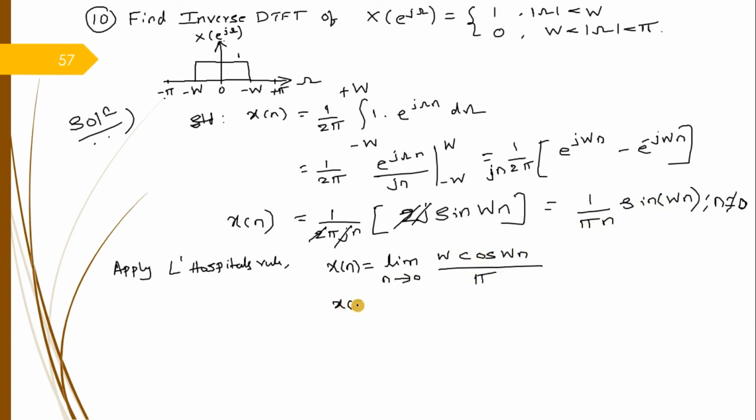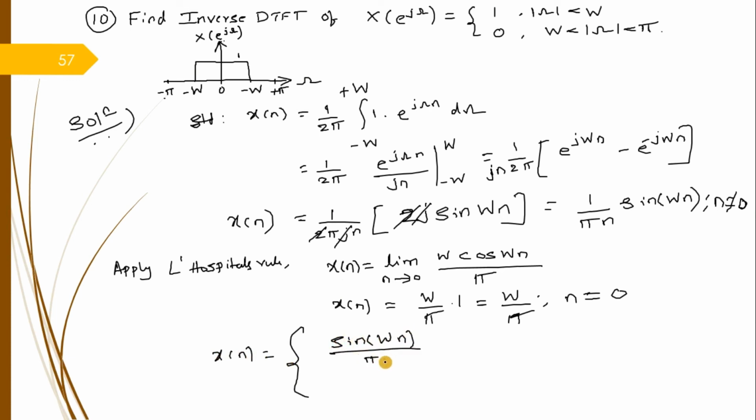X of n is equal to, cos 0 is 1, so what is left is w by pi into 1. This is equal to w by pi for n equal to 0. So this is the answer. So x of n is equal to sine wn divided by pi n for n not equal to 0 and w by pi for n equal to 0. That's it.